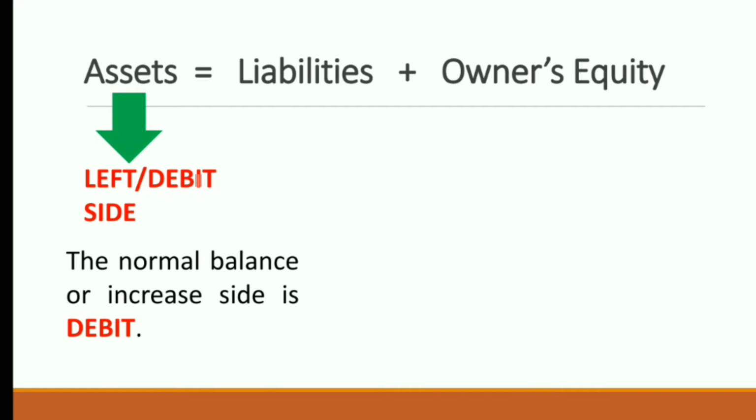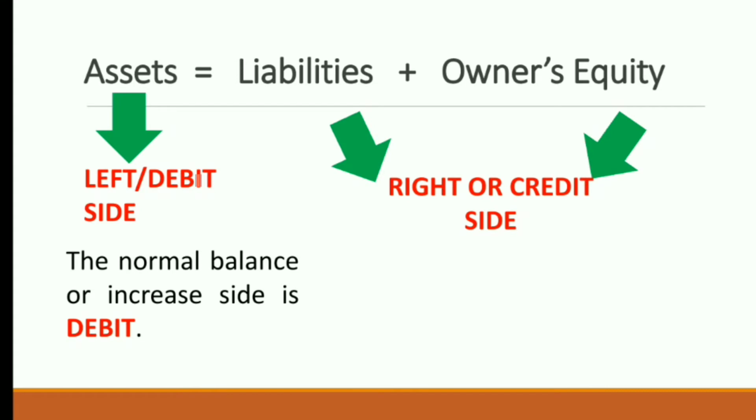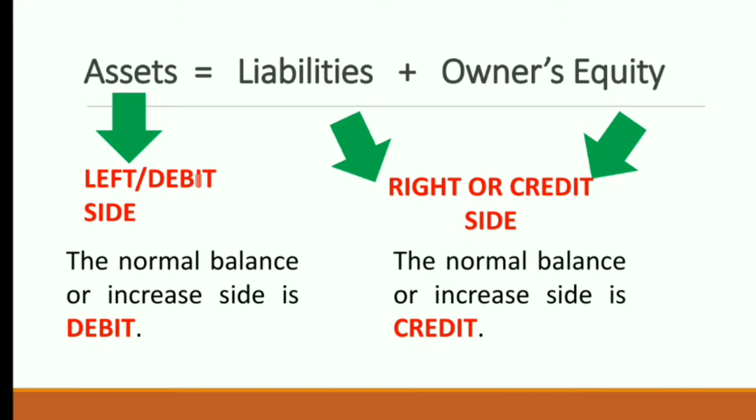The liabilities and owner's equity are located at the right side or at the credit side of the accounting equation. And this means that the normal balance or the increased side of liabilities and owner's equity is credit, because again, the liabilities and owner's equity are located at the right side of the equation, and right in accounting refers to credit.